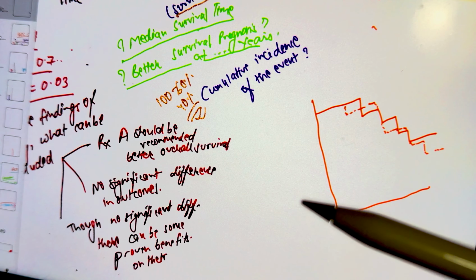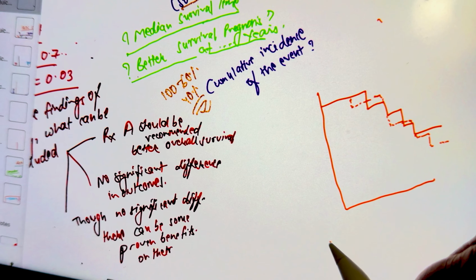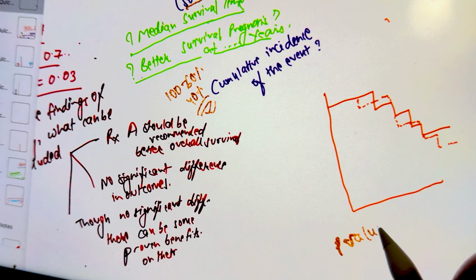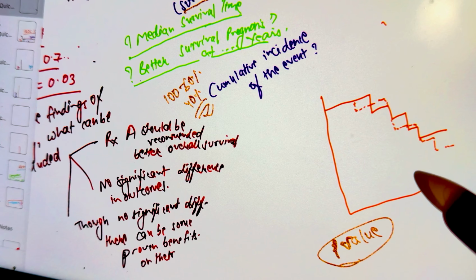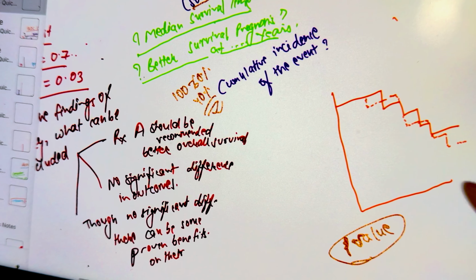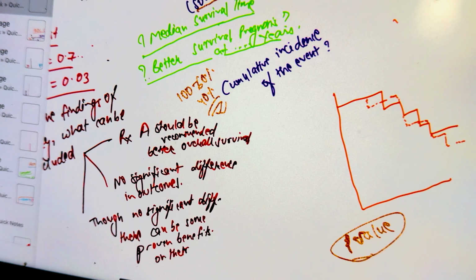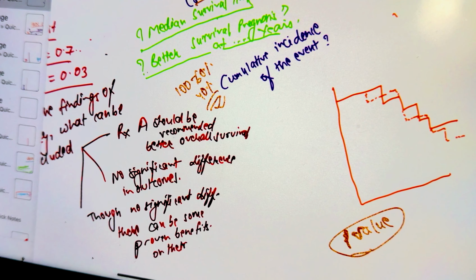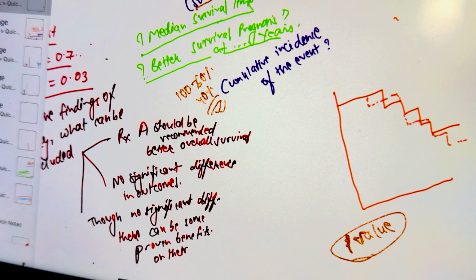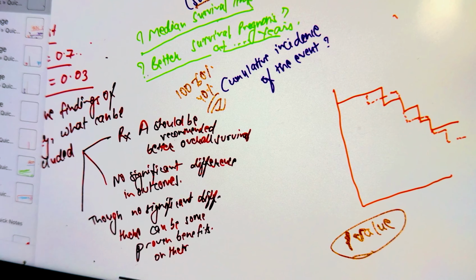In those cases we look at the p-value. We know that a p-value less than 0.05 will be significant.